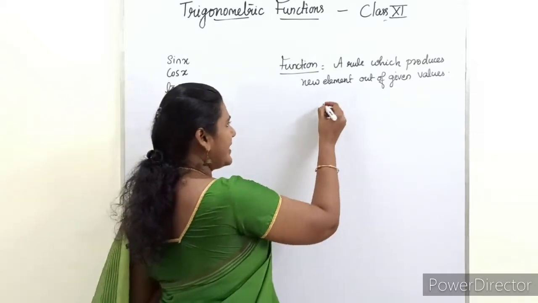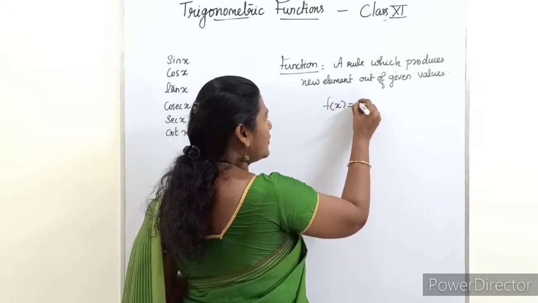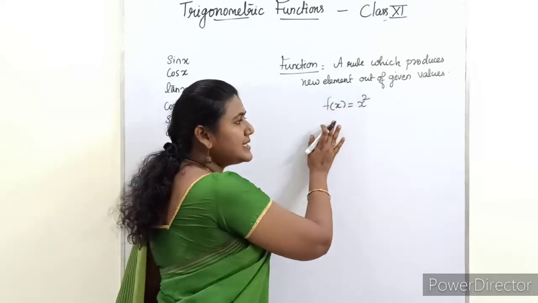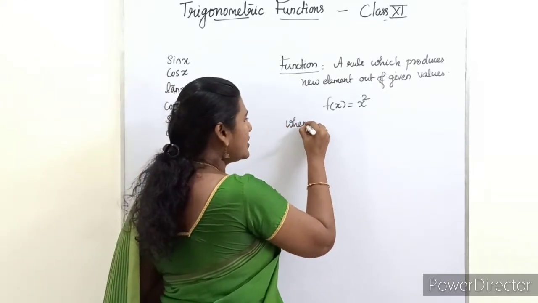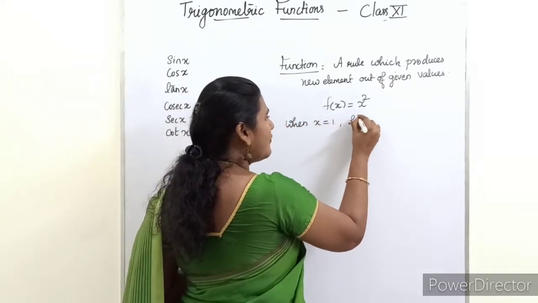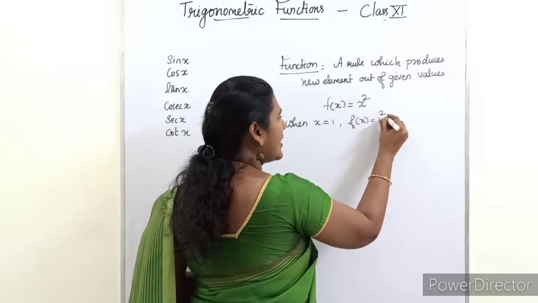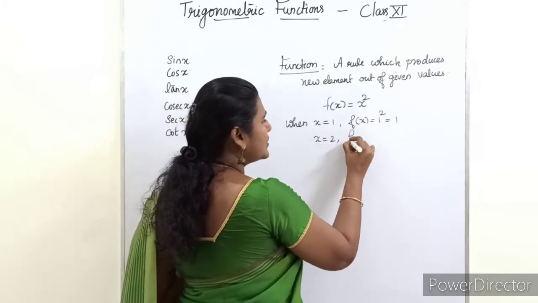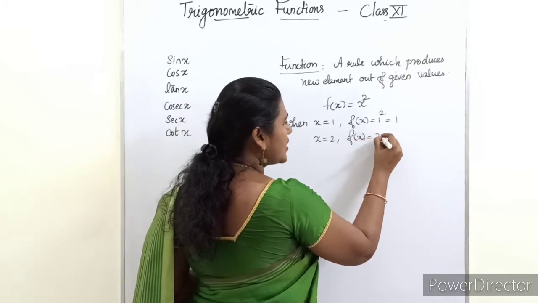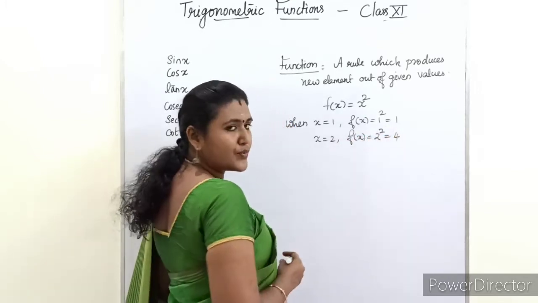For example, if I take f of x is equal to x square, I can say this is a function. Why? Because when you substitute x is equal to 1, I get f of x is equal to 1 square, which is 1. When x is equal to 2, I get 2 square, which is 4.